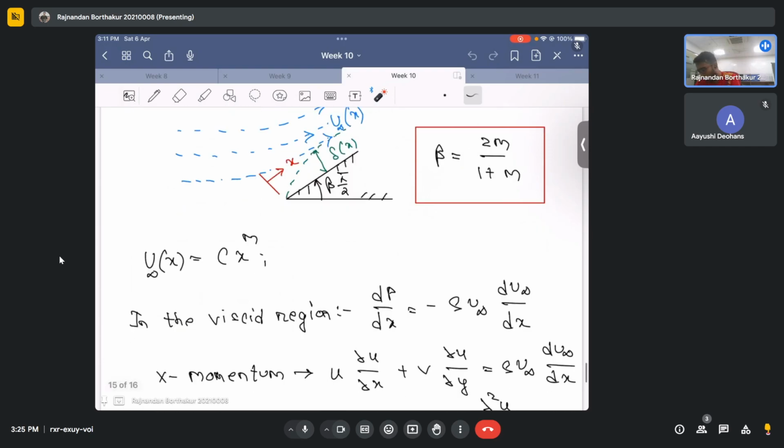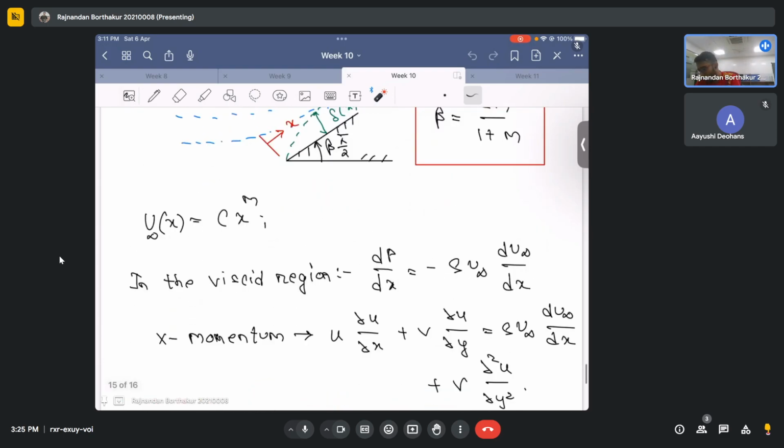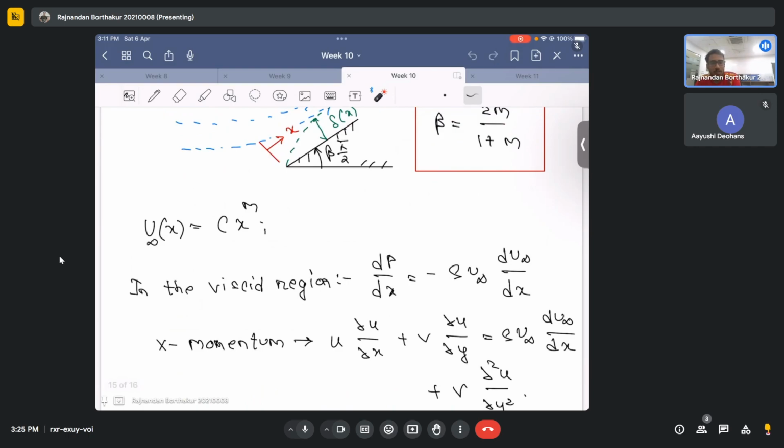All right. So what we will do now is apply Euler's equation, as you know, in the inviscid region, as we did, and we can eventually show that dp/dx is equal to minus rho times u infinity times du infinity/dx. This is something we did in the last class, and that's why I have directly written it.